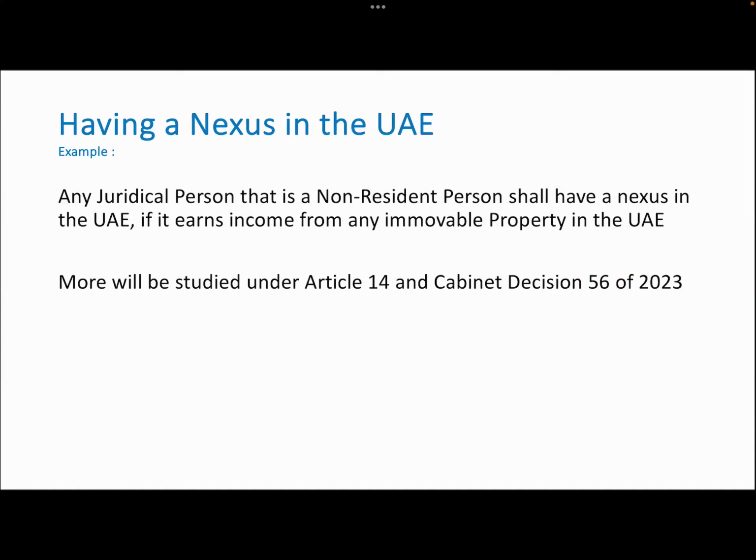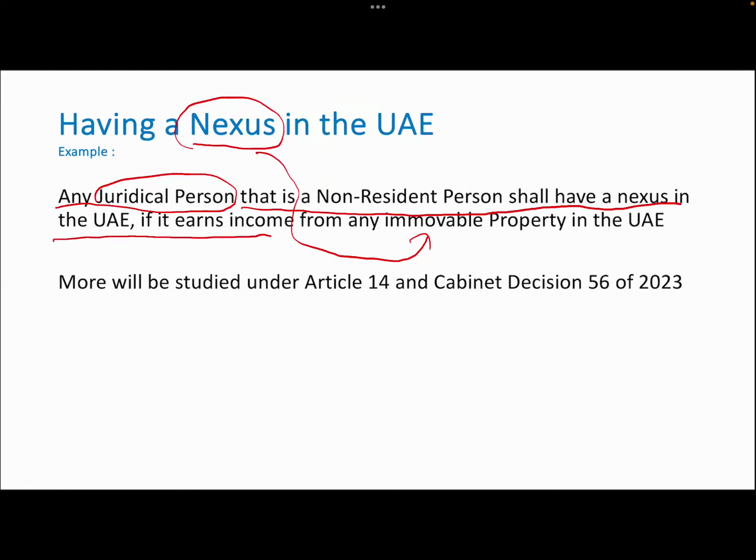Now, as I told you, whenever you see the word nexus, this should be related to immovable property. Any company, any juridical person that is a non-resident person shall have a nexus in the UAE if it earns income from any immovable property in the UAE. What does it mean?